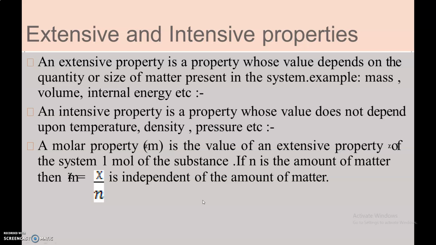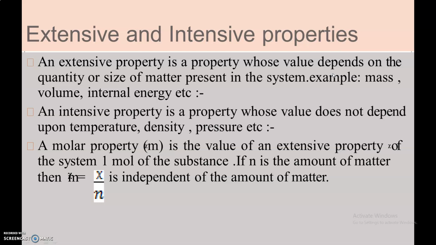And we will see what are extensive and intensive properties. An extensive property is a property whose value depends on the quantity or size of matter present in the system.